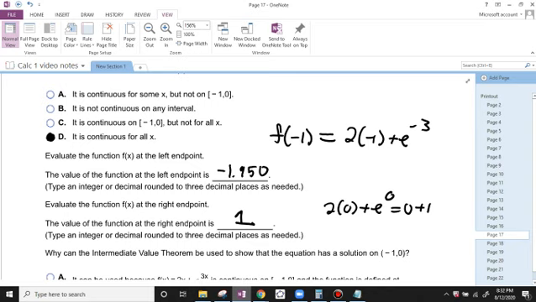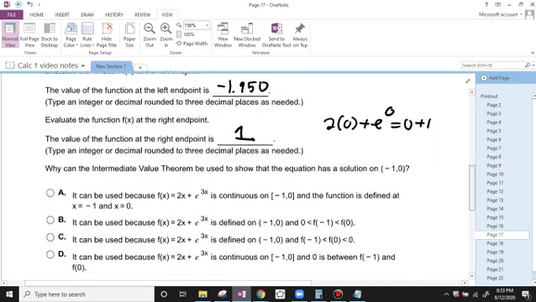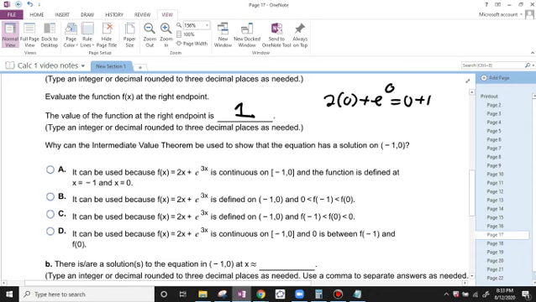Well, we know what number is between negative 1.95 and 1. It's 0. And so by the intermediate value theorem, there must be a place between negative 1 and 0 where this function actually hits the x-axis where it's 0.